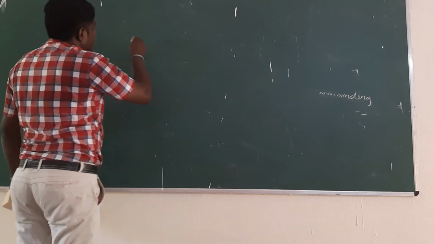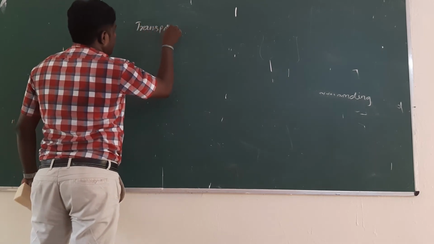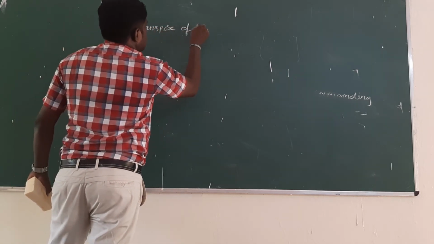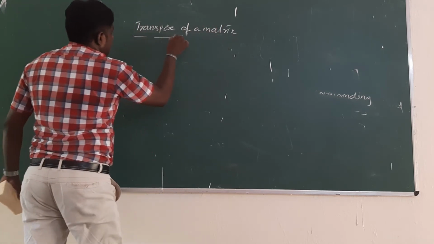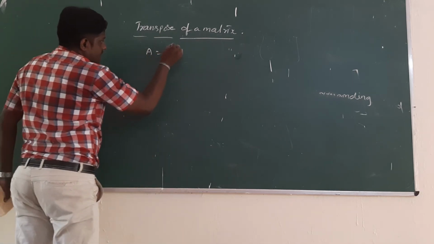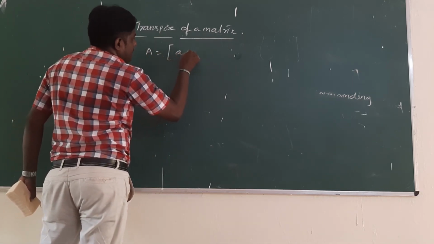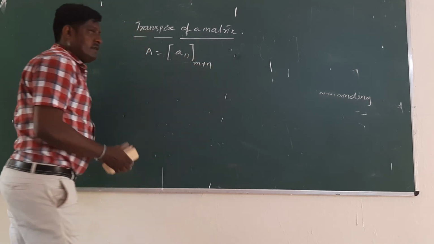See, transpose of a matrix. Let us take one matrix A equal to [aij]. The order of this matrix is m by n.